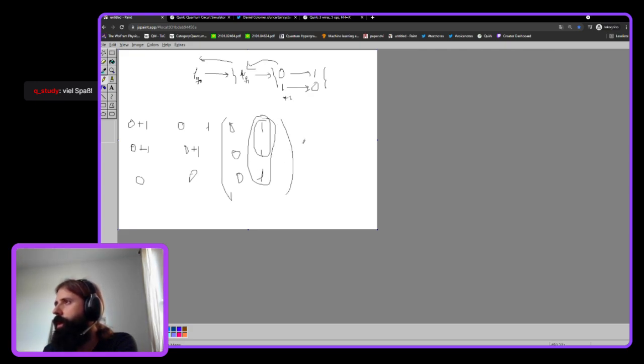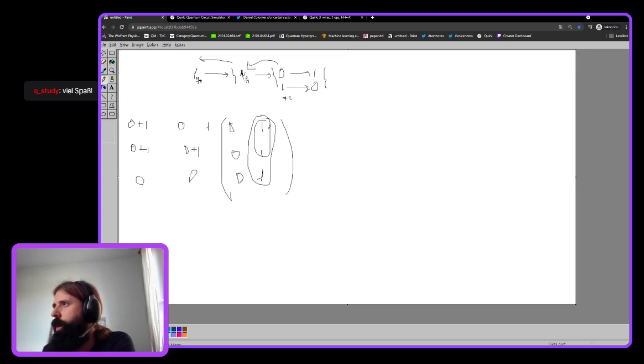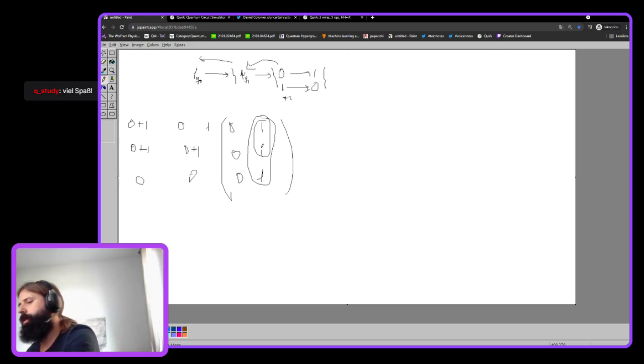And now if I apply a CCX gate again, I have a full match everywhere. It's a one that matches with a one.